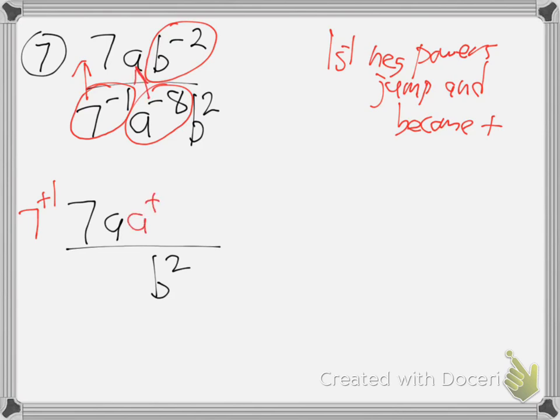He'll become a to the positive 8, won't he? This guy's going down. He'll become b to the positive 2. Doesn't matter where you put him, left, right, order, just top, bottom. Everybody see what happened then? The 7 to the minus 1 went up, 7 to the plus 1. The a to the minus 8 went up, a to the plus 8, right next to that other a that's already up there. And the b to the minus 2 went down. We good?